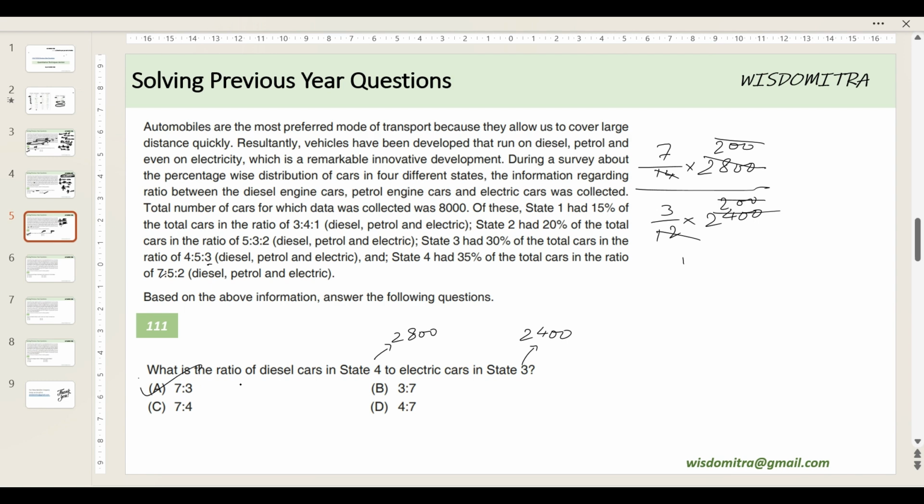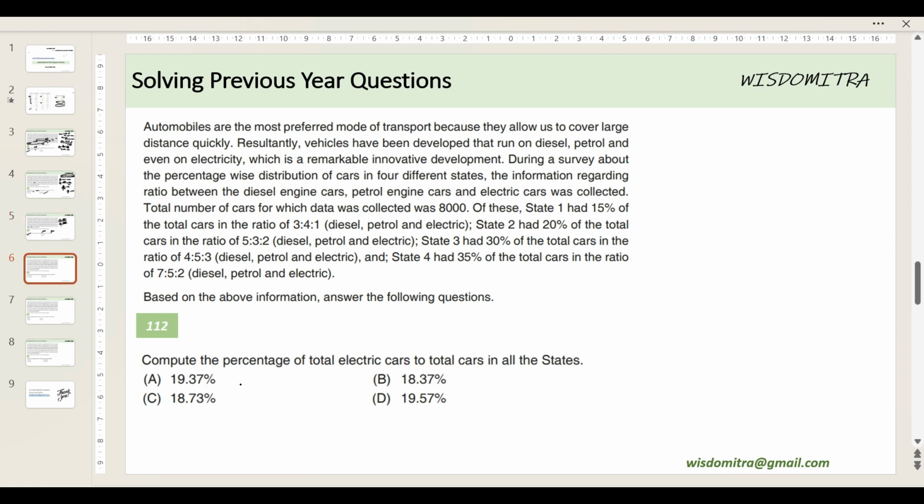It's like once you pick up the numbers, you would be comfortable, right? Compute the total percentage of total electric cars to total cars in the state, right? So total cars in the state is nothing but 8,000, and then total electric cars.